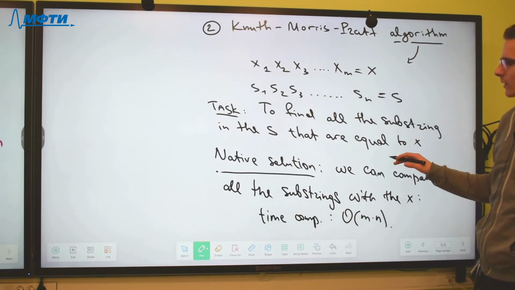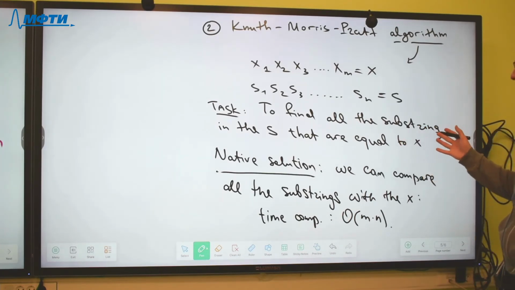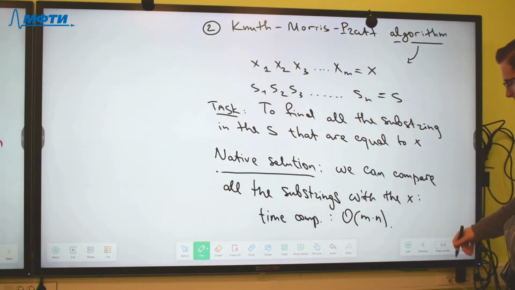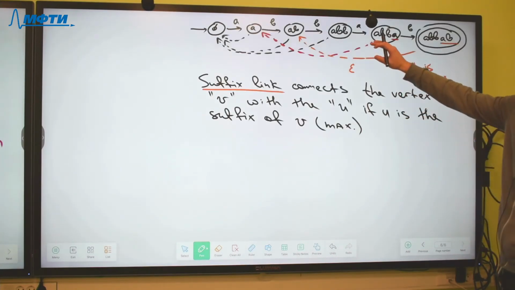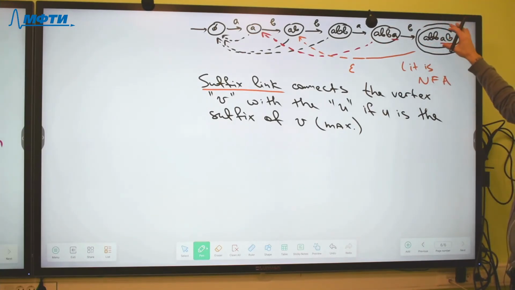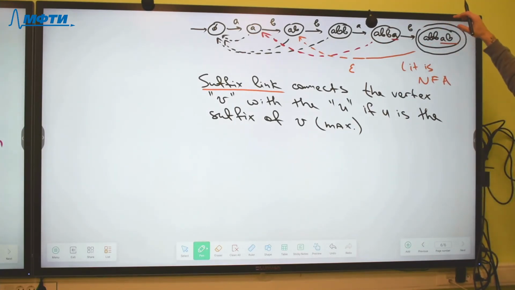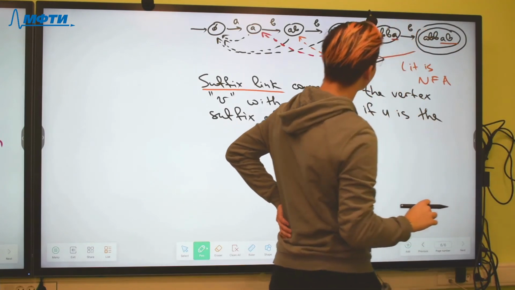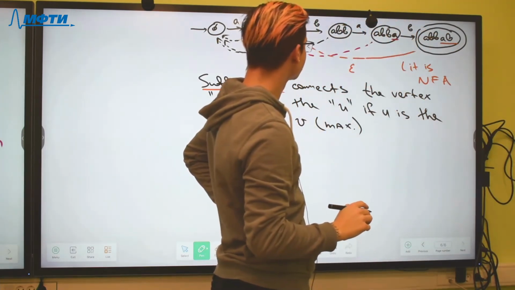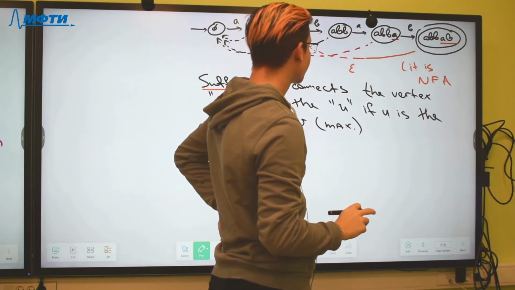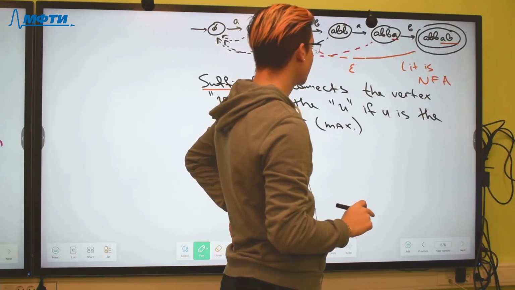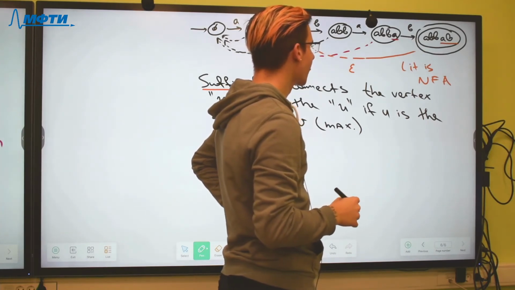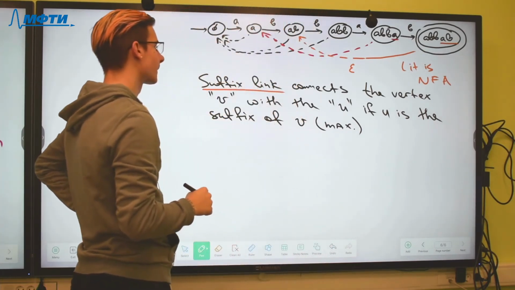For example, if we need to find a substring equal to x, then the first time we go to the last vertex, we say that we find a substring in S that is equal to x, and we return true for the question.